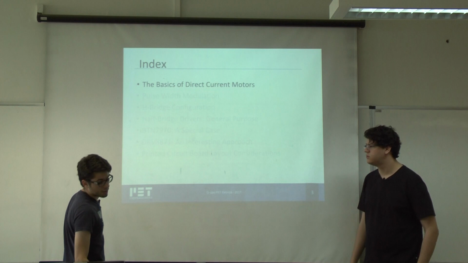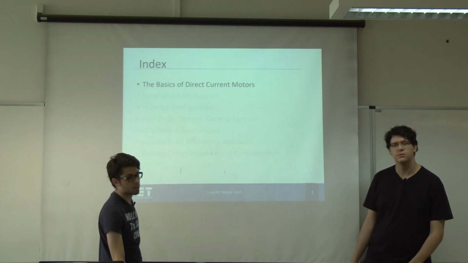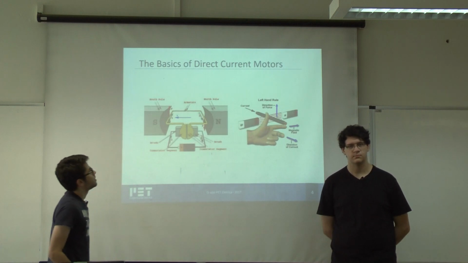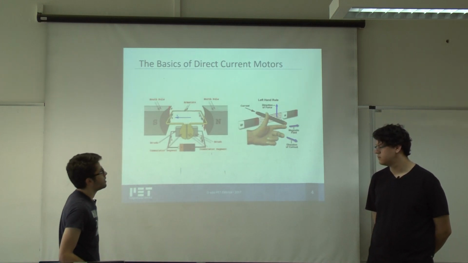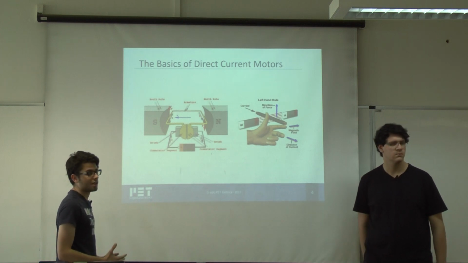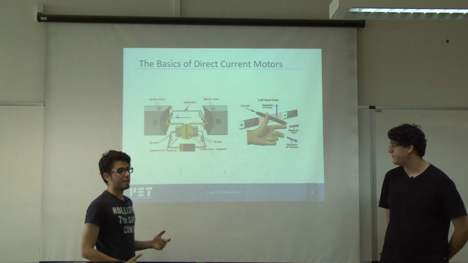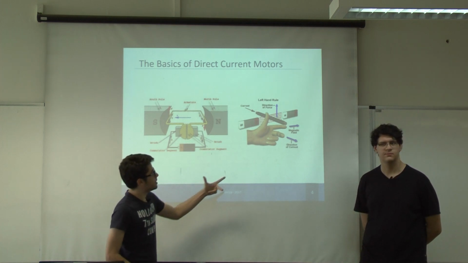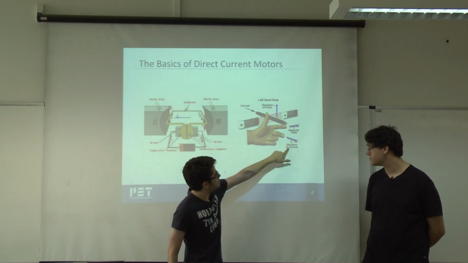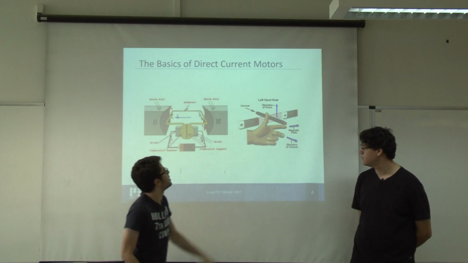Okay, the first topic of our presentation is the basics of direct current motors. So the first thing we are going to see here is the basic functionality of a DC motor. We use the left-hand rule to see the direction of the current, magnetic field, and the force.